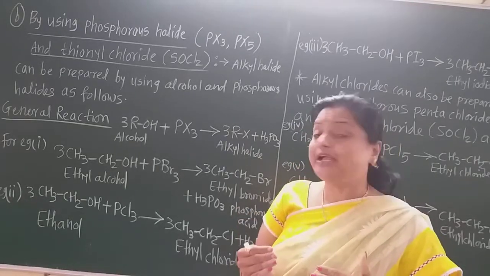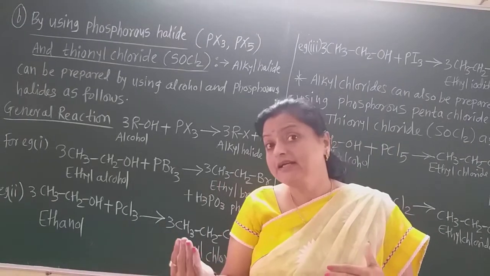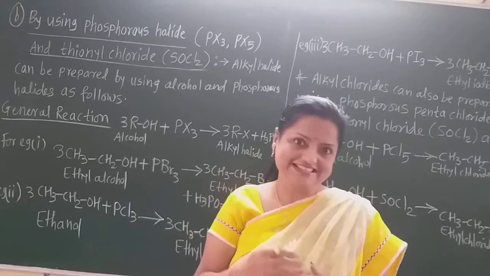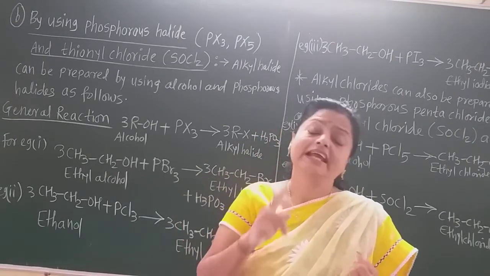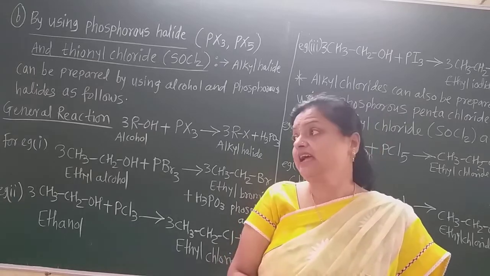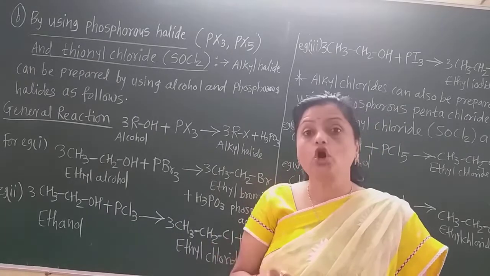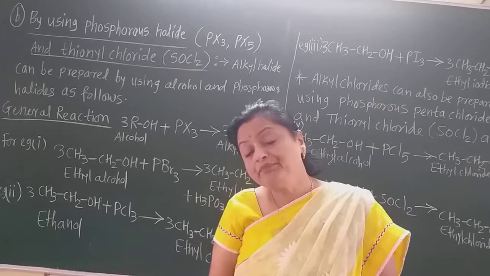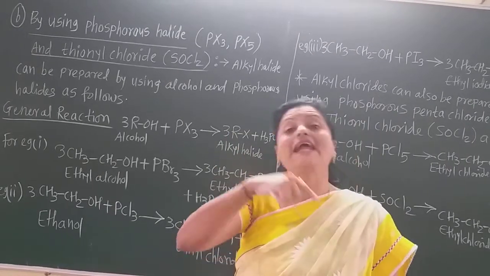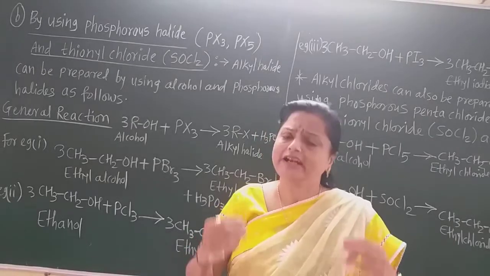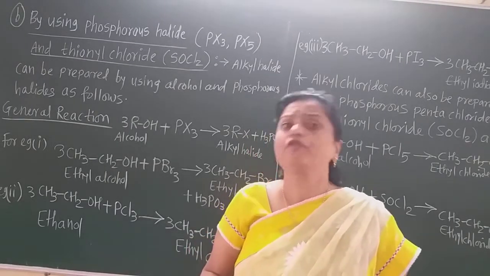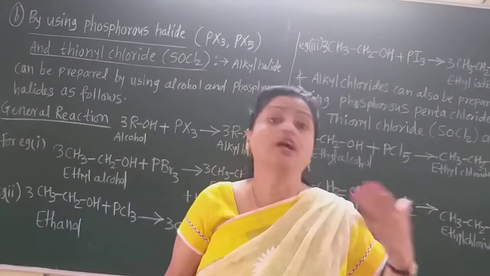There was the use of alcohol and halogen halides, that is the halo acids such as HX. In that we learned the action of HCl with alcohol, the action of alcohol and HI, the action of alcohol and HBr, and in all these we obtain alkyl bromide, alkyl chloride or alkyl iodide, which changes with the conditions.